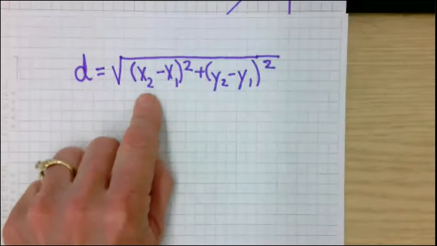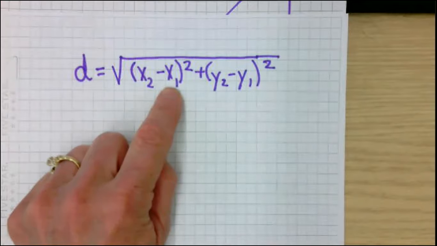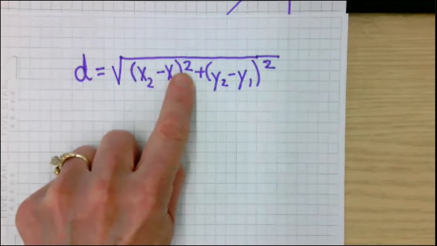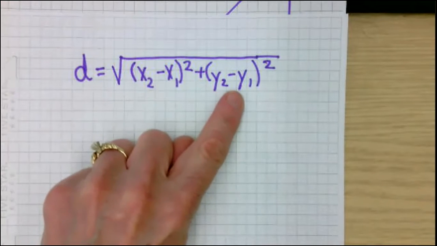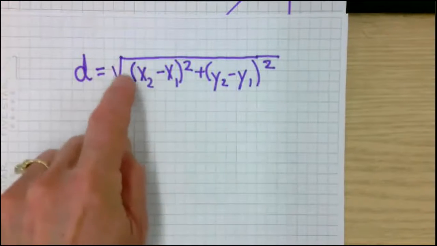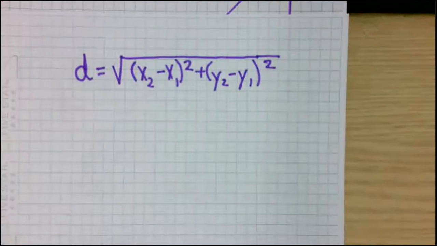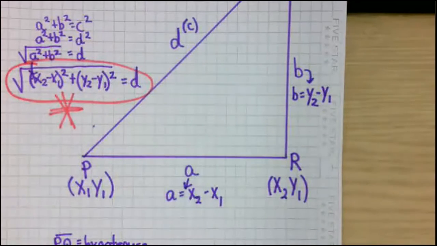Distance is equal to the second x coordinate minus the first x coordinate squared plus the second y coordinate minus the first y coordinate squared, and then you take the square root of that, derived from the Pythagorean theorem. Okay, hopefully that makes sense to you.